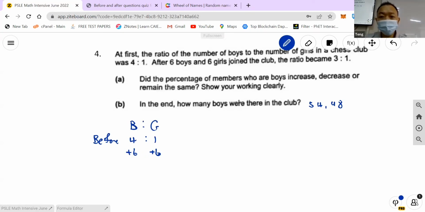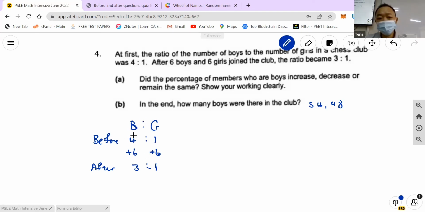The ratio became 3:1. So the question is, did the percentage of members who are boys increase, decrease, or remain the same?